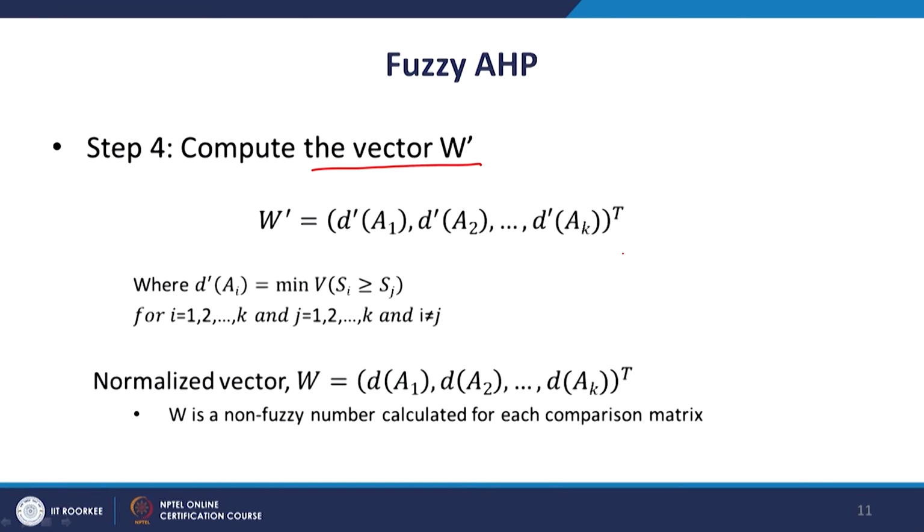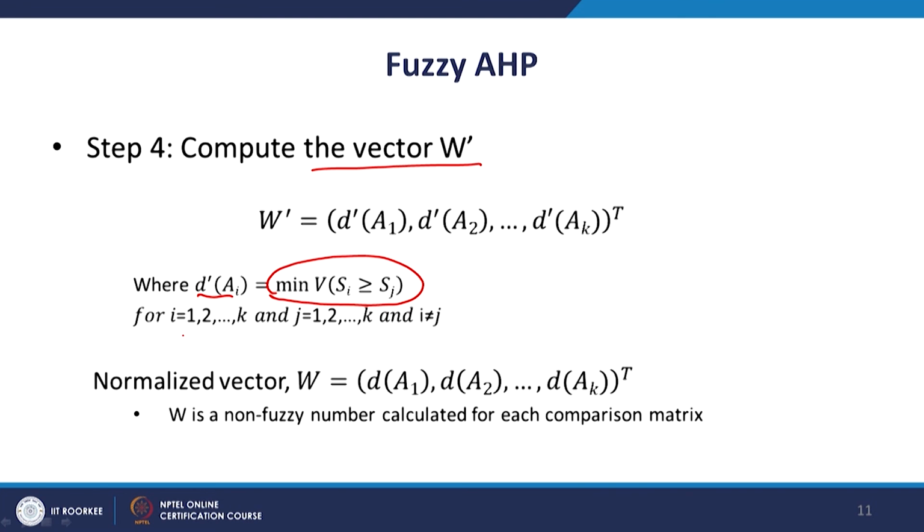Here this W dash can be defined like this: d dash A1, d dash A2 up to d dash AK, transposed. So, what is this small d dash Ai? It refers to the previous step's computation, the minimum of V, Si greater than or equal to Sj, one synthetic value being greater than the other one. That is what is used to define W dash.